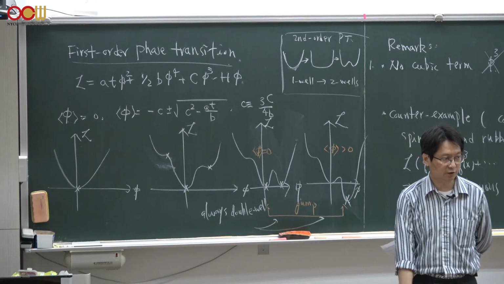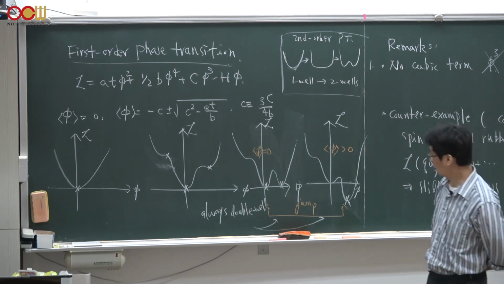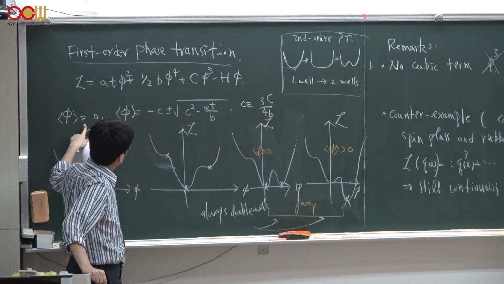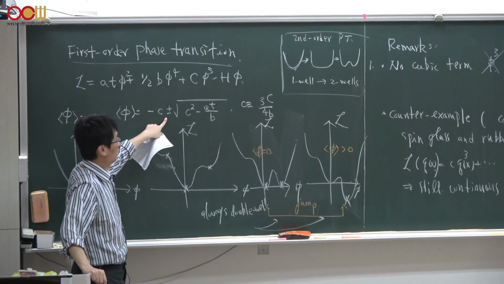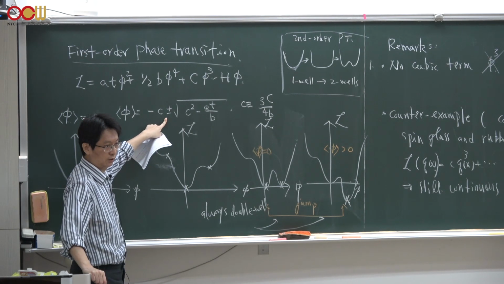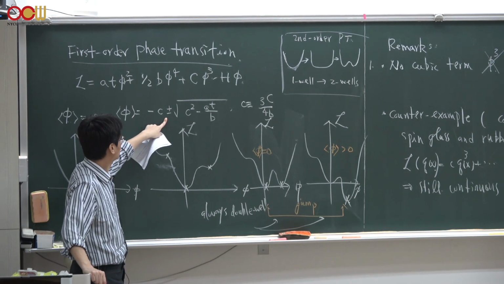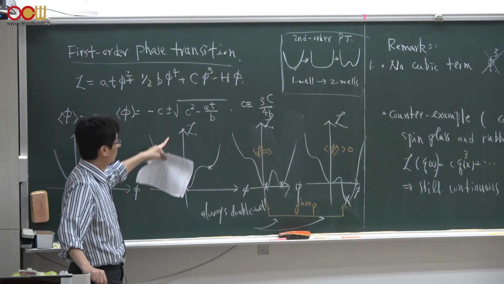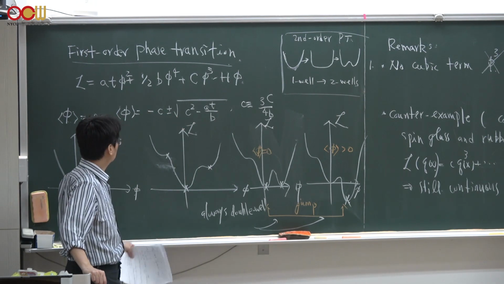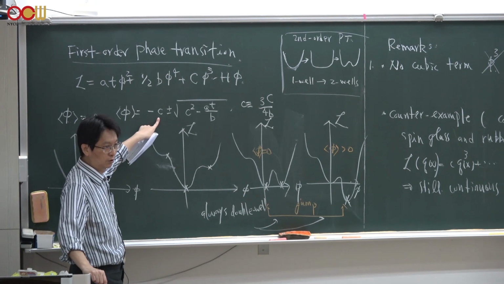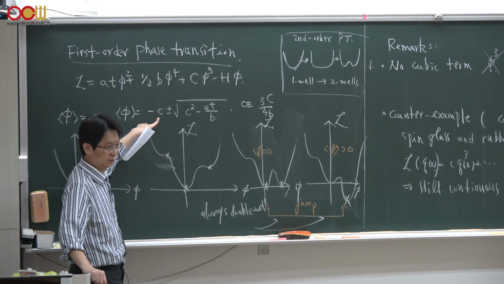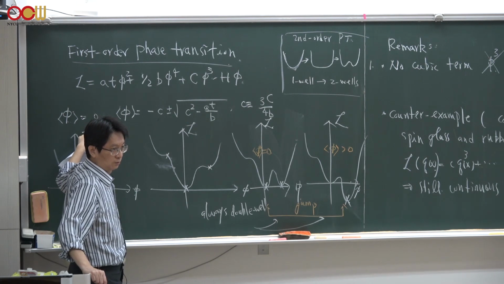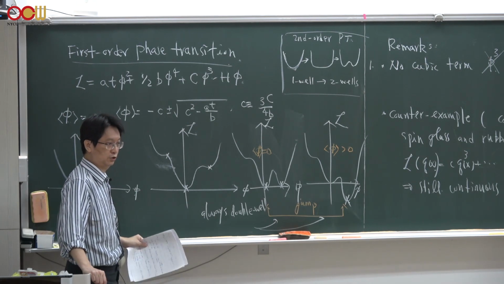But you can see very clearly that in addition to phi equals 0, there are two non-trivial solutions at minus c plus or minus the square root, and if the square root is real, then we have two additional roots. In total, we have three solutions.